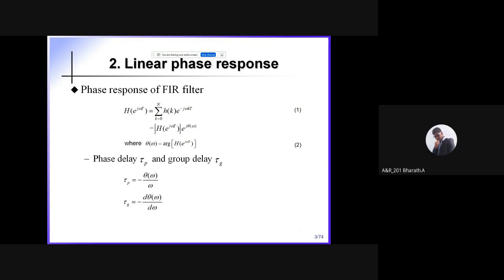What about theta of omega? Suppose you got the output: 10 as the first sample, minus 2 plus 2j as the second sample, minus 2 as the third sample, and minus 2 minus 2j as the fourth sample, isn't it?